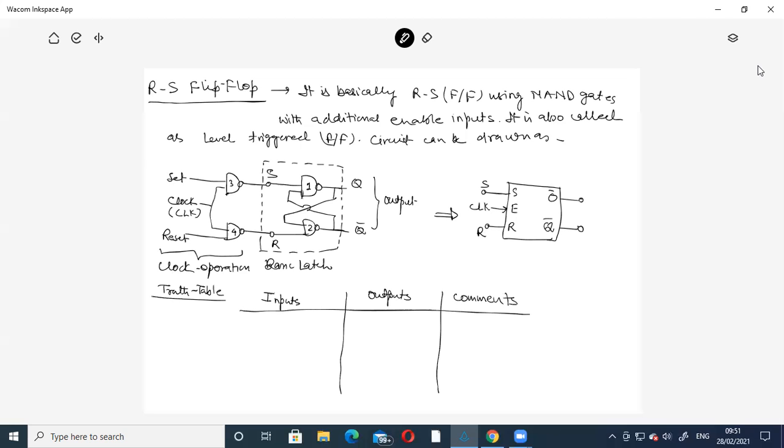In case of inputs, there is E, that is the clock, there is S, and this is R. The output is Qn plus 1, and here it is Q bar n plus 1.